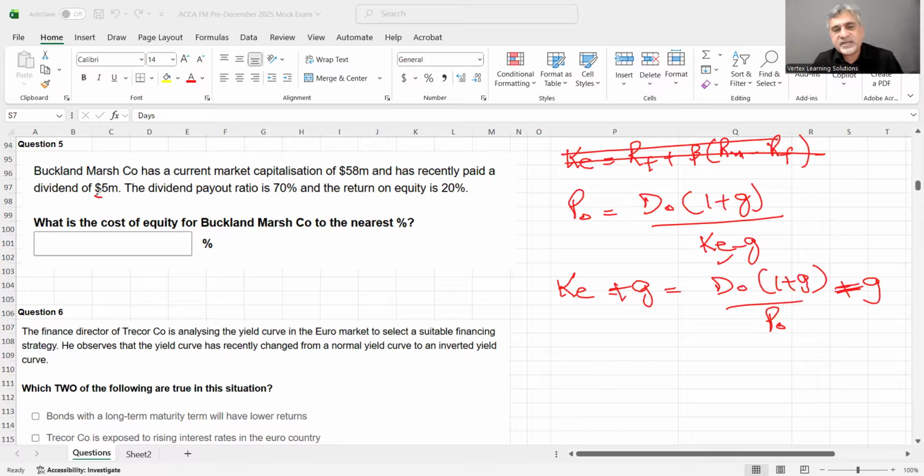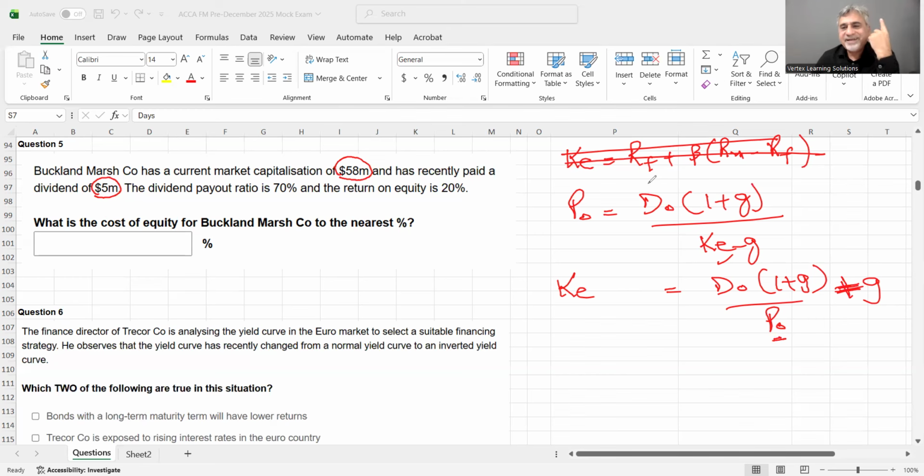We know that they have recently given the dividend, which is 5 million. We know that their market capitalization is 58 million. So instead of P naught for 1 share, we use the full value of the company and the full dividend. By the way, remember, when you use this dividend valuation formula, KE equals D naught into 1 plus G over P naught, plus G, this one formula can be used for 1 share, or it can alternatively be used for the entire company.